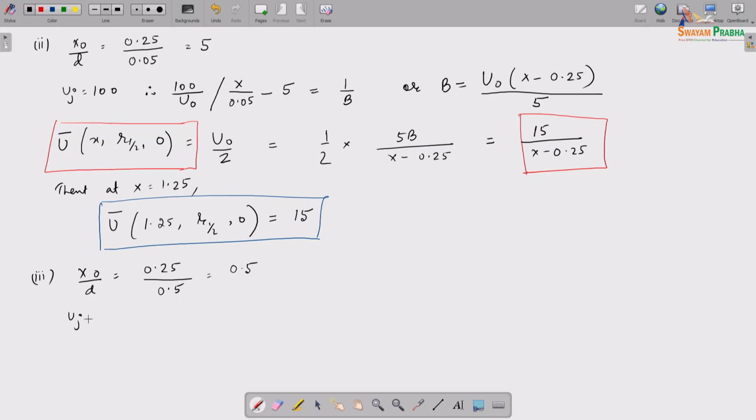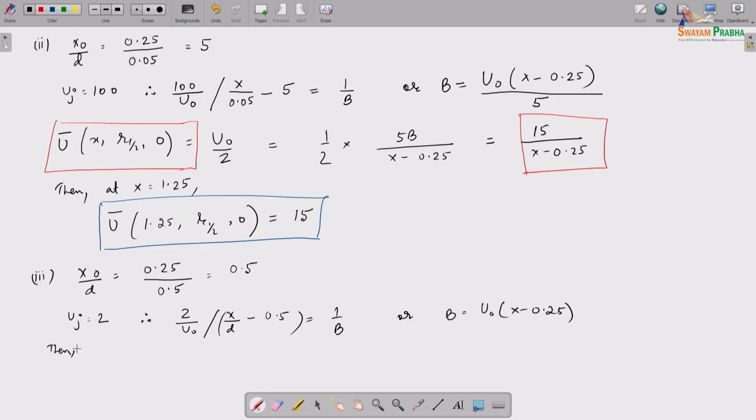Now uj is equal to 2, therefore we can write 2 by u naught by x by d minus 0.5 is equal to 1 by b, or b is equal to u naught into x minus 0.25.